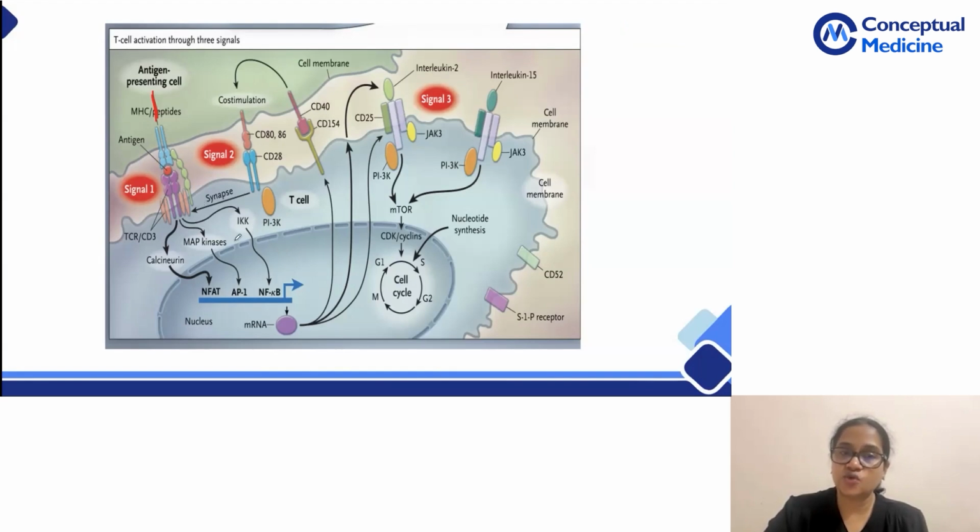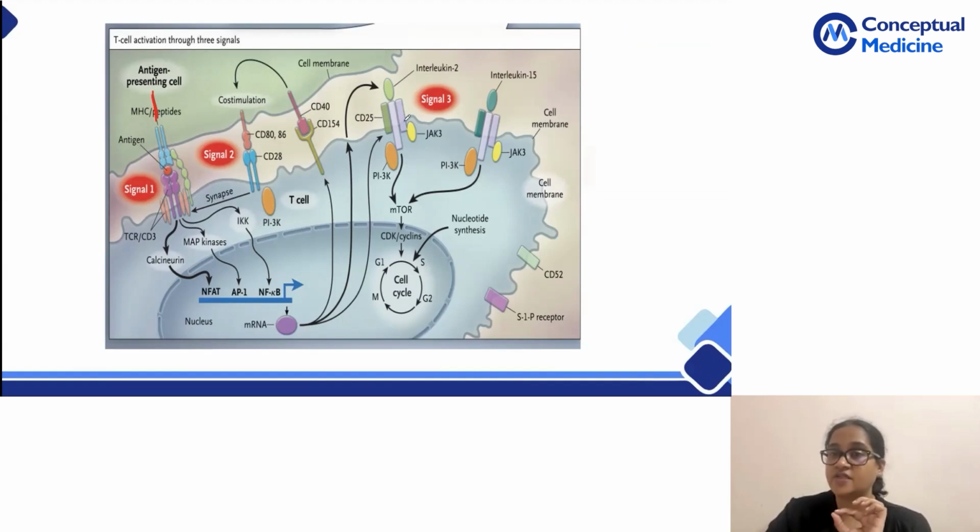These two signals together will activate the calcineurin pathway. It will activate the mRNA by the NF-kappa B pathway. And then a lot of interleukins will be produced by your T cell, of which the most important interleukin of the T cell is interleukin 2. The IL-2, or the CD25.